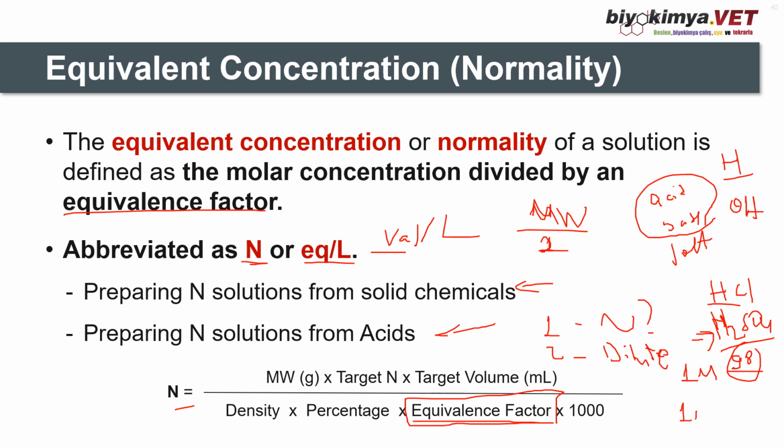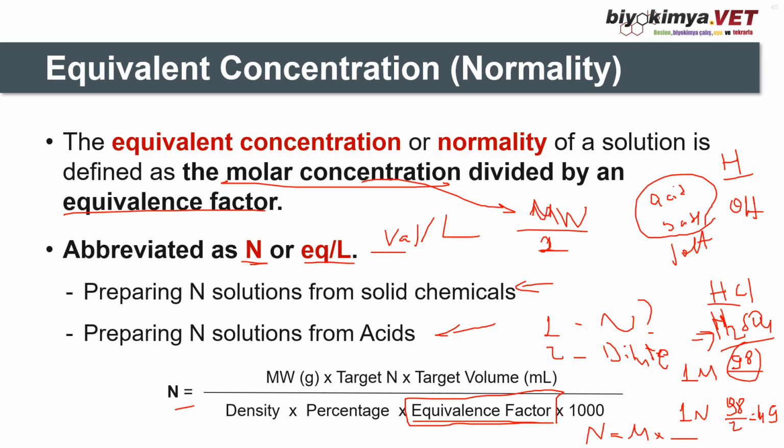But to prepare 1 normal concentration, we have to weigh 98 divided by 2, which is 49 grams. Thus, we have an equation like this: normality equals the molarity times the equivalence factor. Actually, here in the definition, you should read the molar concentration divided by an equivalence factor. Actually, this means the mole number, I mean the mole number.